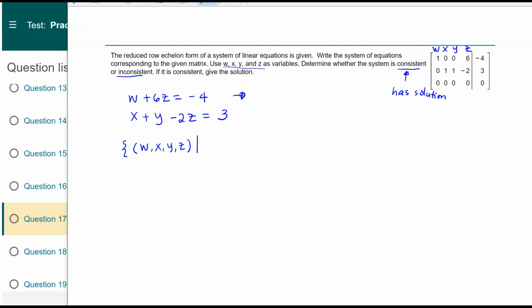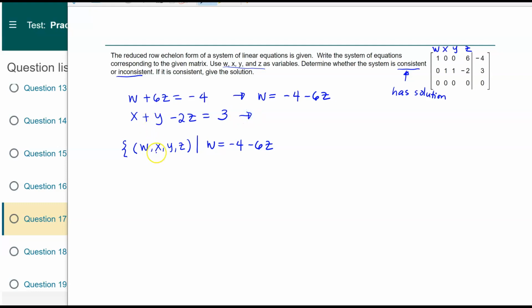You can write w in terms of z, so w is equal to -4 minus 6z.